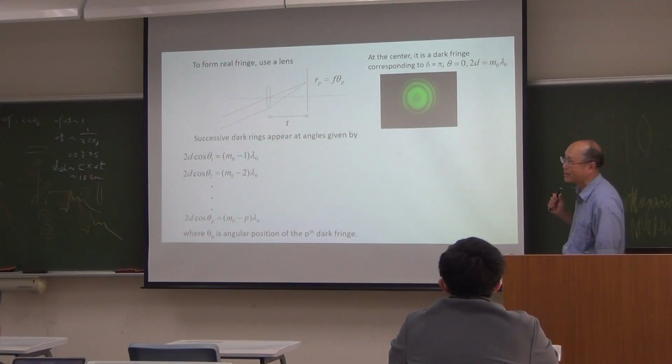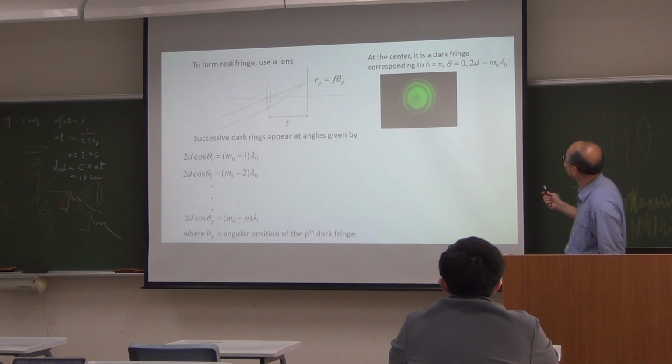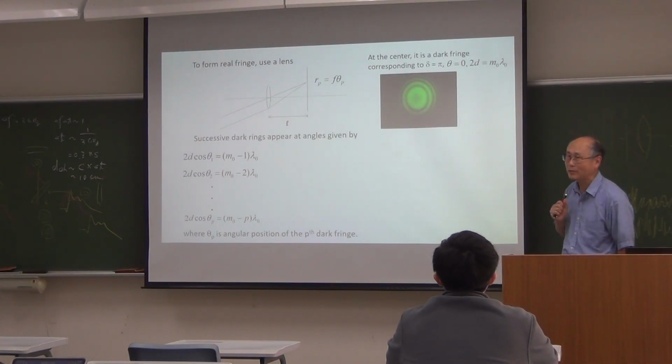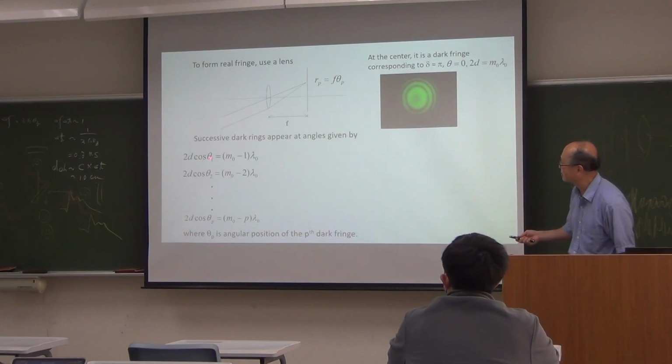This m0 is the order number. Basically, you'll be counting the path difference in terms of the number of wavelengths in your interference. You can just set this theta 1 to be 0, so 2d is equal to m0 lambda 0. But then if we increase this angle, this m0 starts to decrease.